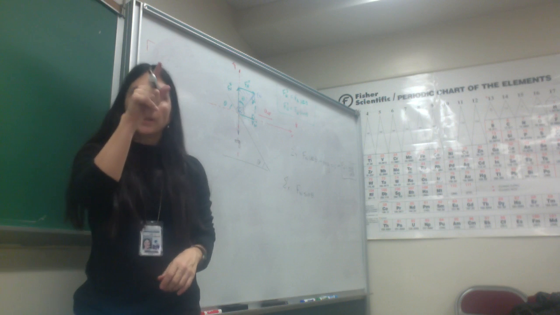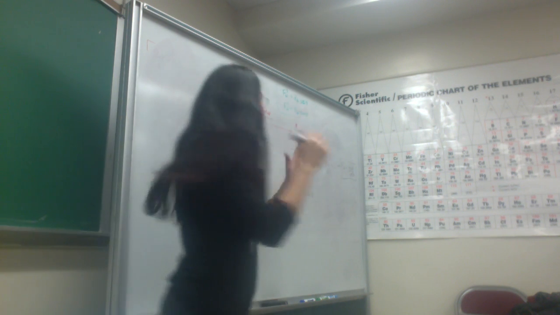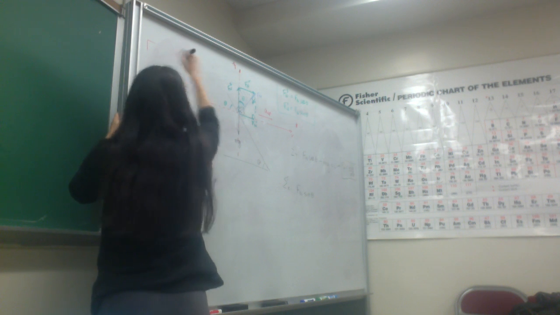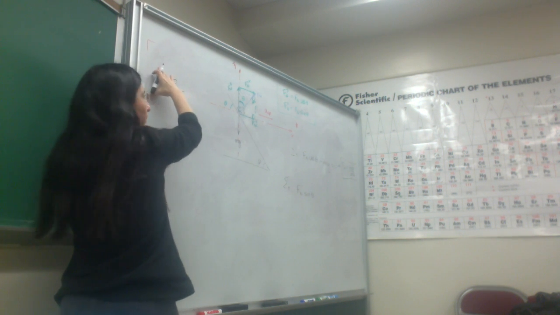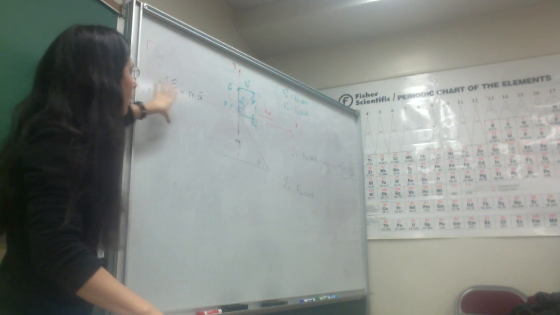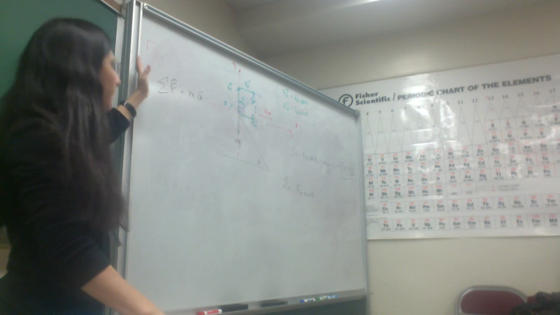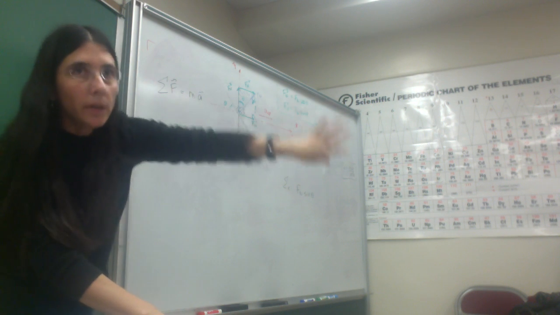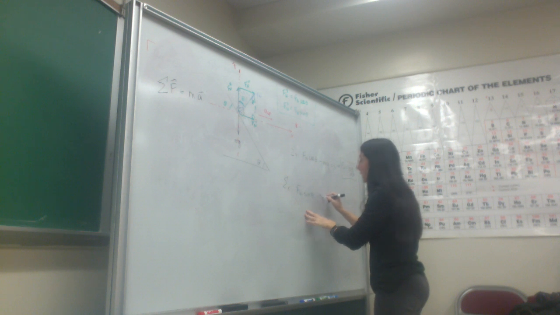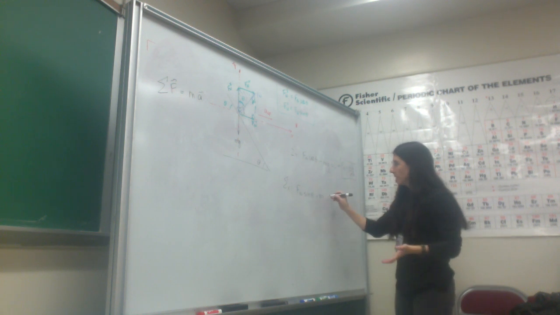Okay. And so did you get the sum of all the forces? After I sum all the forces, the net force gives me ma. So I sum all the forces that I have in the x direction. Now I'm going to put the ma on the other side. So here it's going to be m, a, and a is the centripetal acceleration.